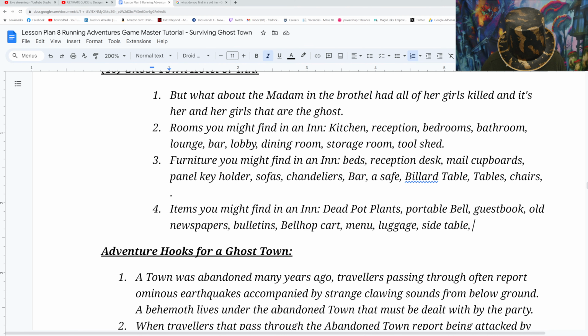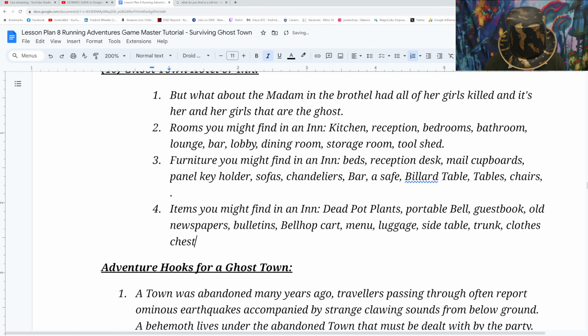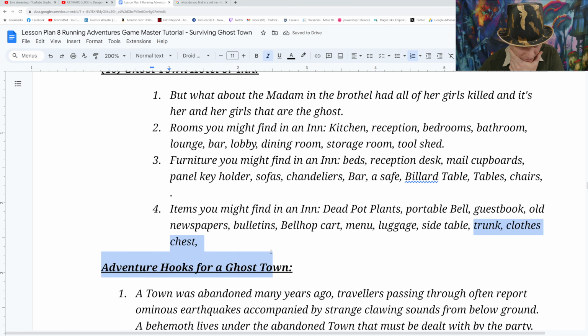So, a trunk, clothes chest. Might just do this.